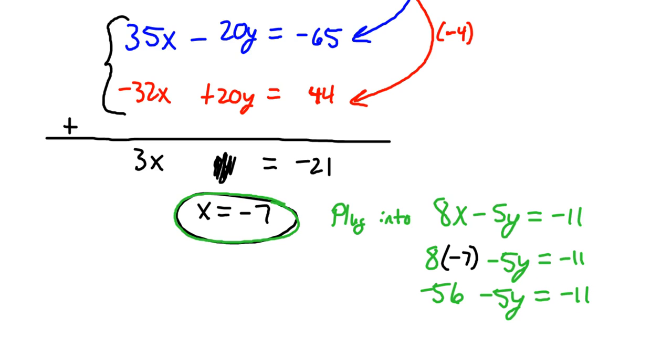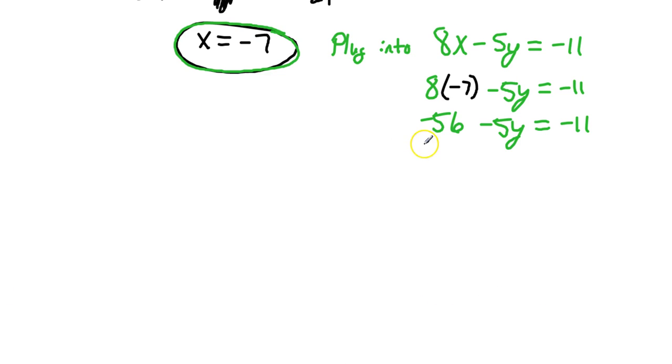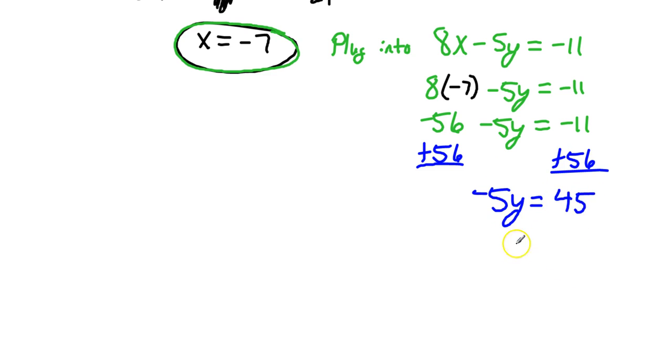To get rid of the negative 56, we want to add 56. Again, a little bit bigger numbers, but it'll work its way out. So negative 5y equals 45. Divide those two, you get y equals negative 9.